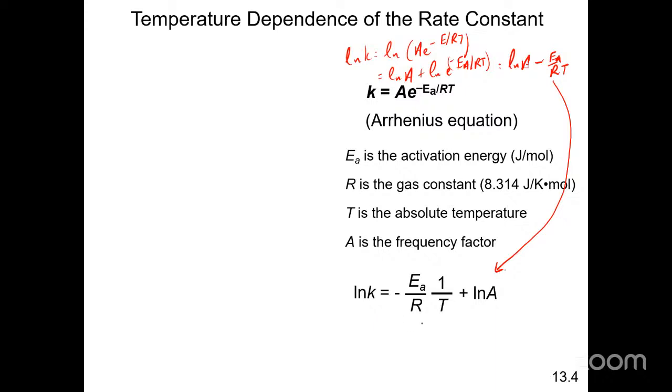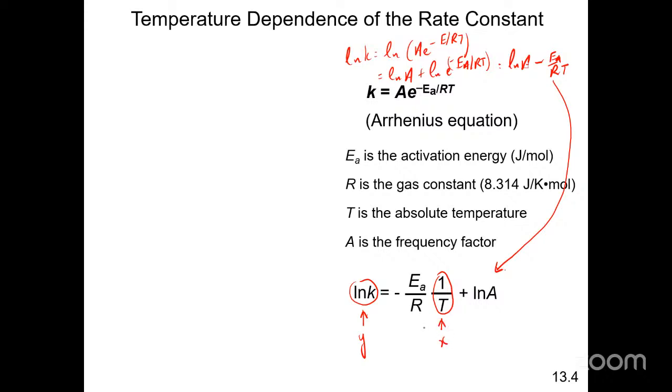Now, in this form, we can see that this is an equation of a straight line. If you notice, ln k would represent the y term, and 1 over T would represent the x, right? So this is y, and this is x.